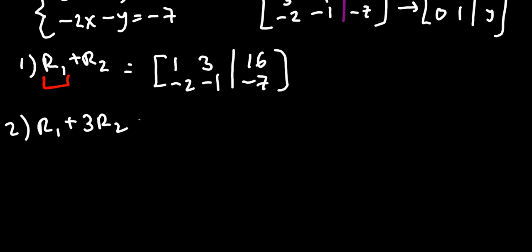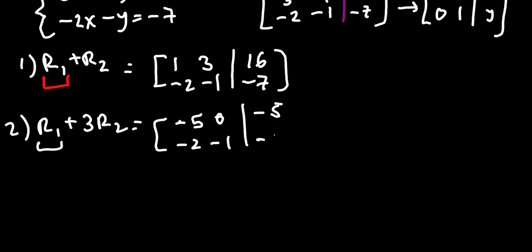So we're performing on row 1 still. We're going to have negative 5, 0, negative 5, and then negative 5, and then negative 7. Okay.